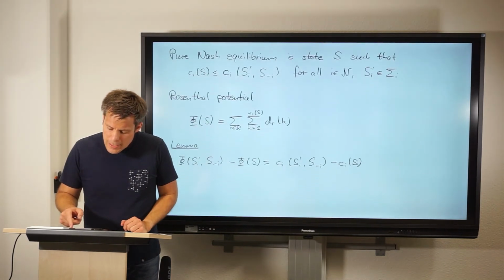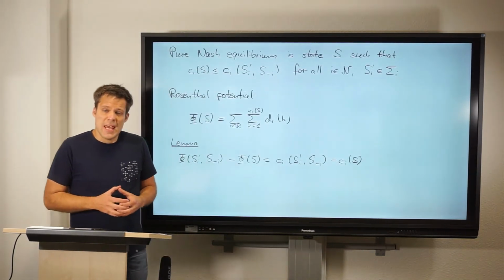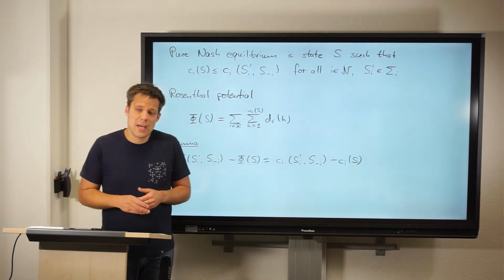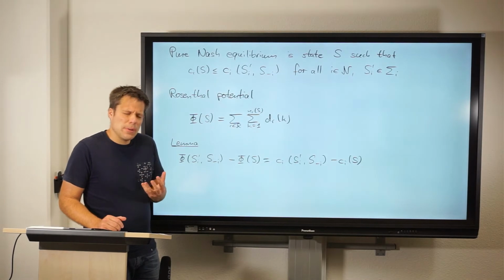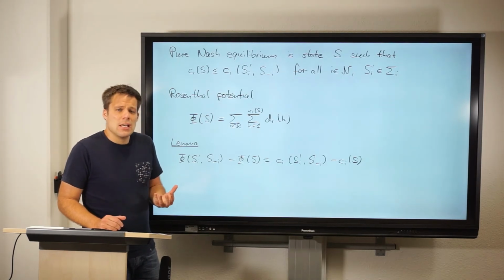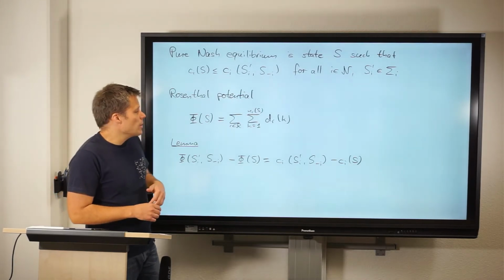And then we defined a pure Nash equilibrium. A state, meaning such a vector of strategies, is a pure Nash equilibrium if no player can unilaterally improve his or her cost. What does this mean?